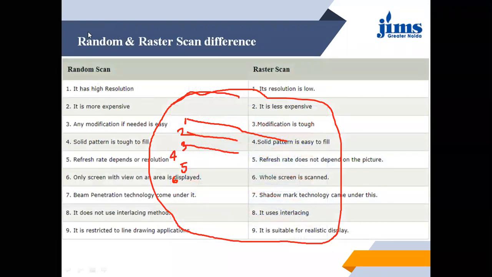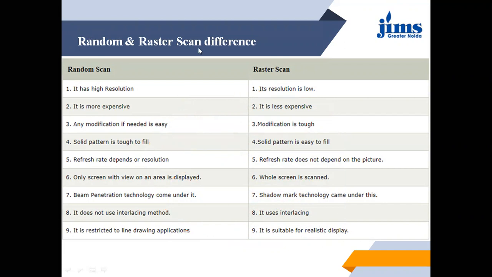A difference between random scan and raster scan. In random scan, there is high resolution. This is a random scan where the object has to be displayed, the beam travels to that point only.